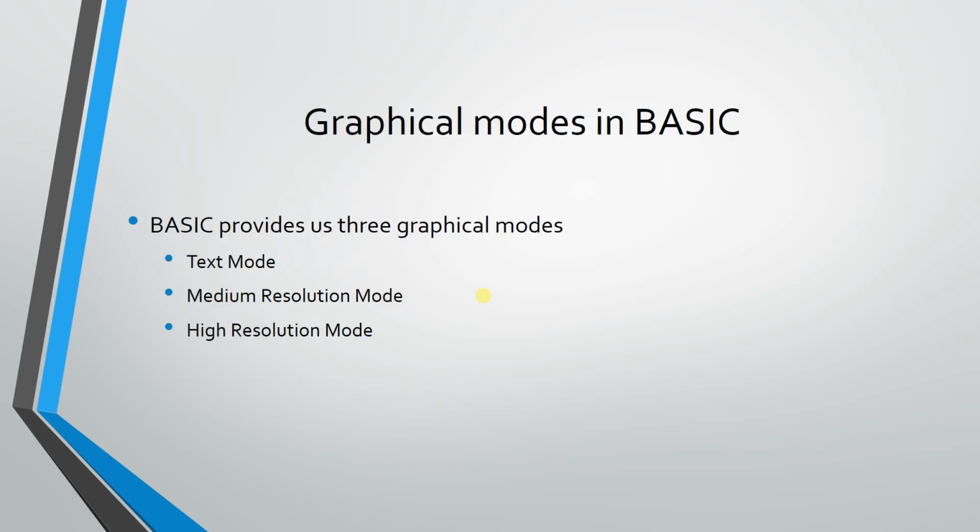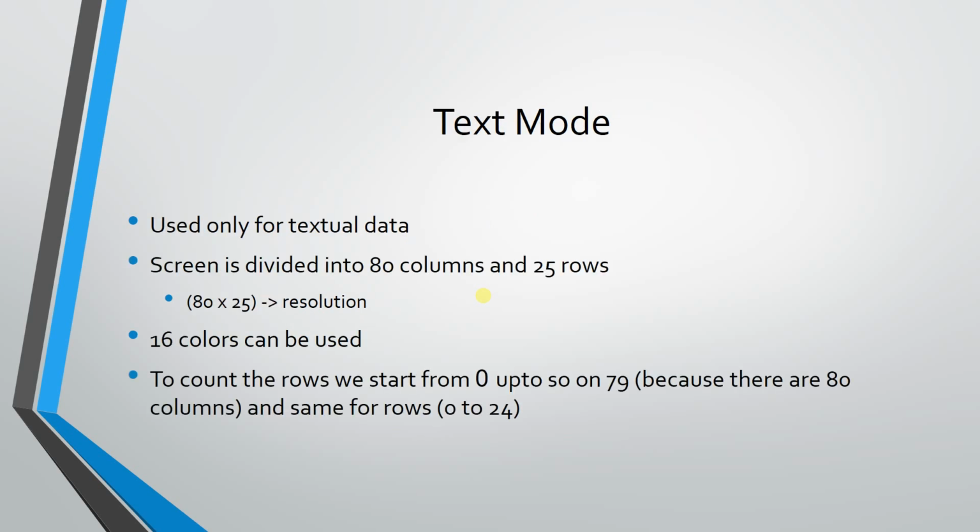Our next discussion is on graphical modes which BASIC provides us. BASIC provides three types of graphical modes: text mode, medium resolution mode, and high resolution mode. So what do we mean by text mode? This mode in BASIC is used only for textual data. In this mode, our screen is divided into 80 columns and 25 rows, so my screen resolution will be 80 by 25.